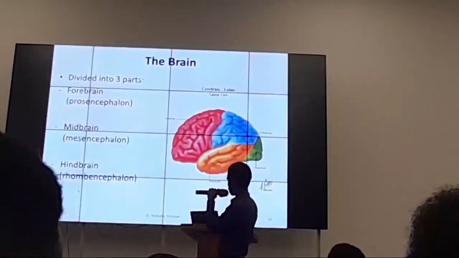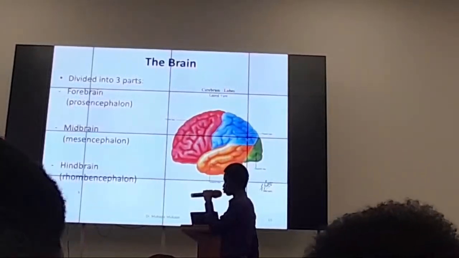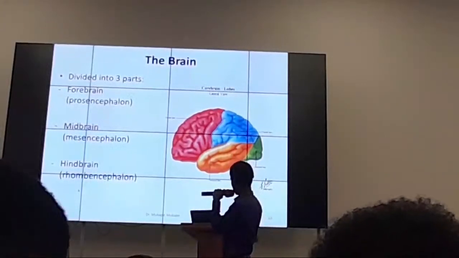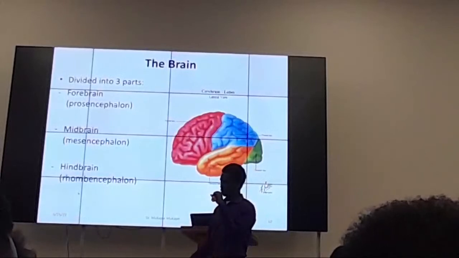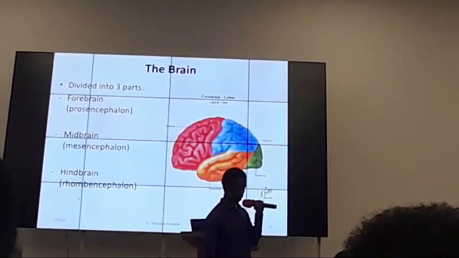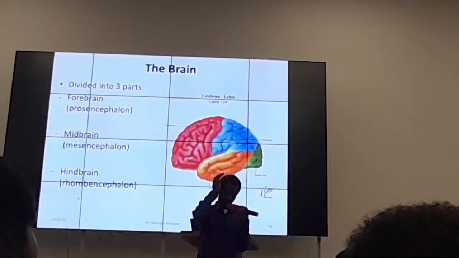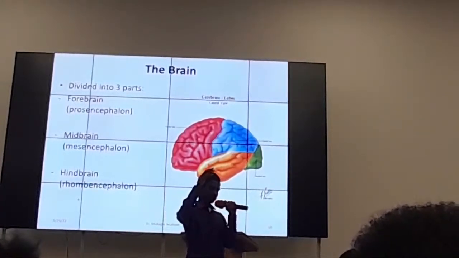We can see the colors. So it has, for instance, the frontal lobe, we can see there in red. Then we have the parietal lobe, the temporal lobe and the occipital lobe. The naming of these lobes is according to the bone which is adjacent to that particular part. You have done the skeleton, right?